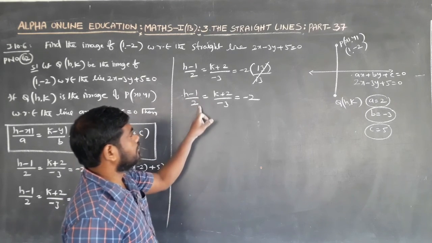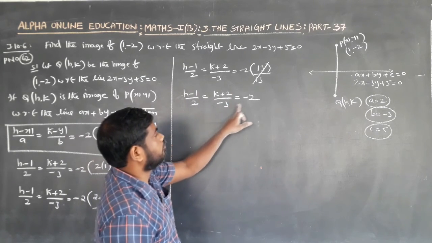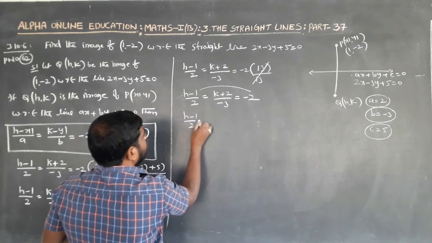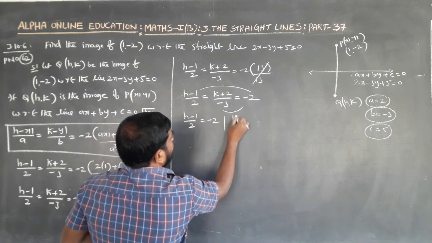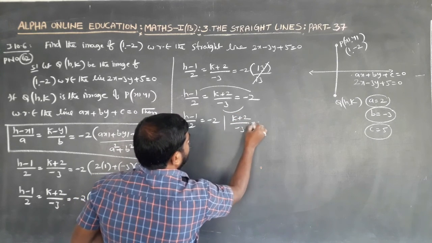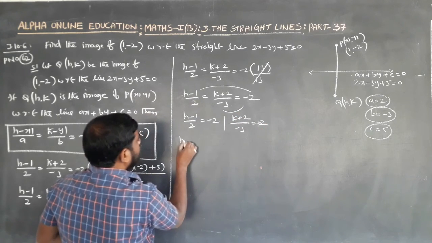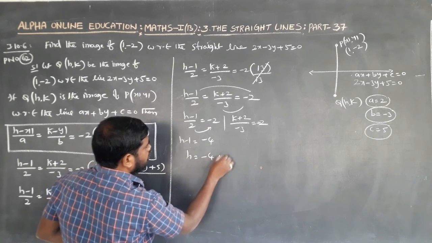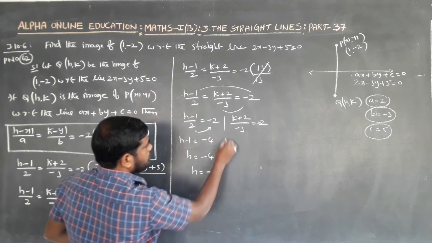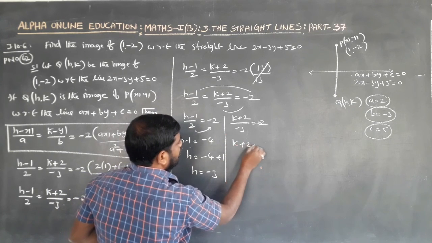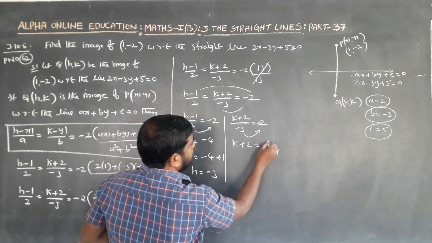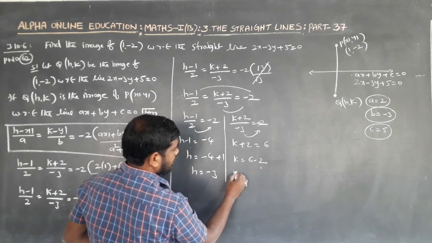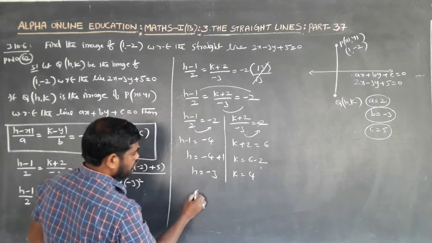We get (h minus 1) by 2 is equal to (k plus 2) by minus 3 equal to minus 2, equating first and last, and second and last. So h minus 1 equal to 2 into minus 2, that is minus 4, h equal to minus 4 plus 1, h equal to minus 3. k plus 2 equal to minus into minus plus, 2 threes are 6, k equal to 6 minus 2, k equal to 4.